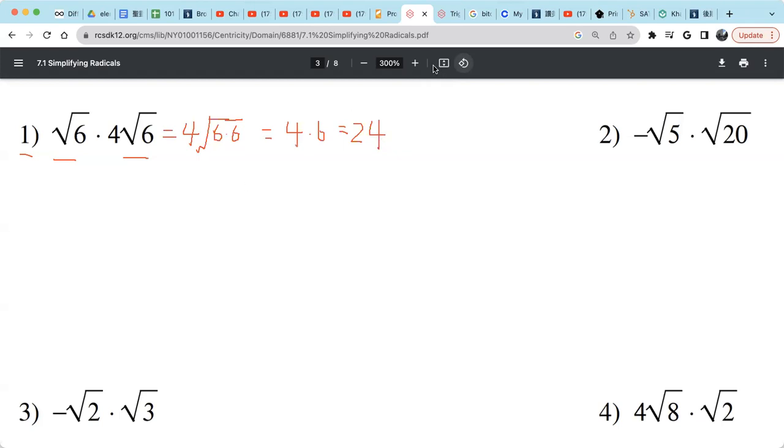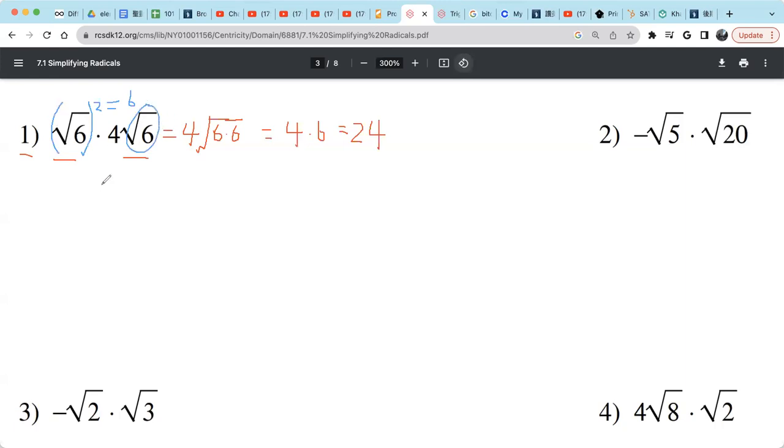Or another way of thinking of this question: what is the square root of 6? The square root of 6 means that when you square this number, you get 6. And we have another square root of 6 here.